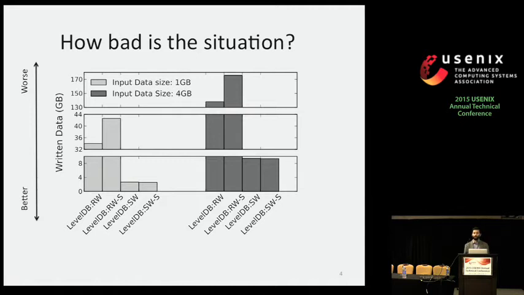We use its own benchmark, and we define the working set as 1 GB and 4 GB. Those are the clusters that you see on the left and the right. And we measure how much data gets written to the actual media. We see that depending on whether the writes are sequential or random, synchronous or asynchronous, the write amplification grows significantly, particularly in the case of random and synchronous writes.